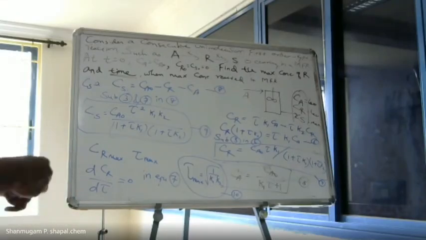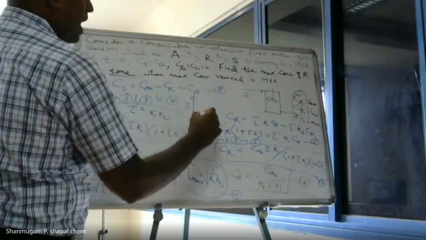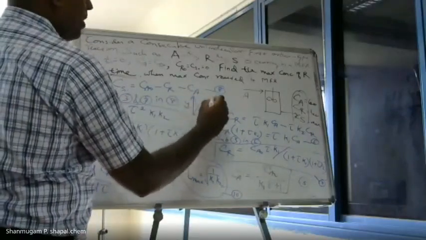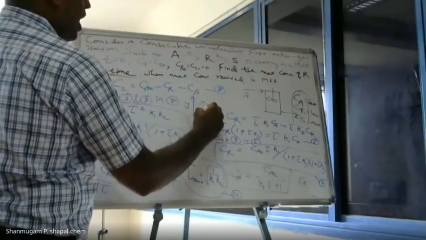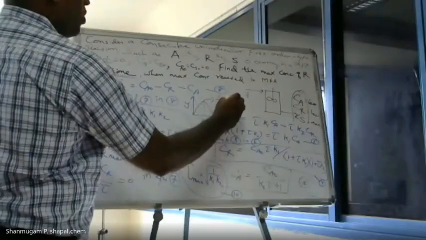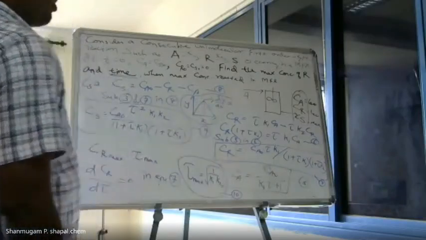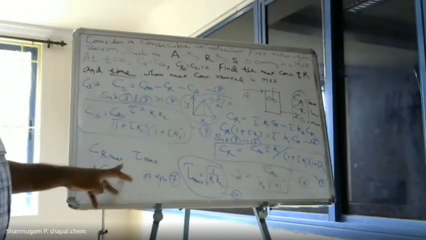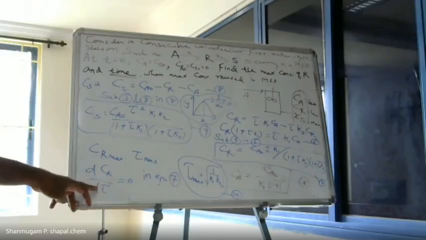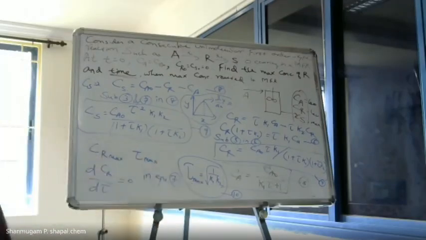If the graph goes up and comes down, this point can be said as dy by dx equal to 0. Similarly here, dCR by d tau equal to 0. So if you do it, you can get the tau max.